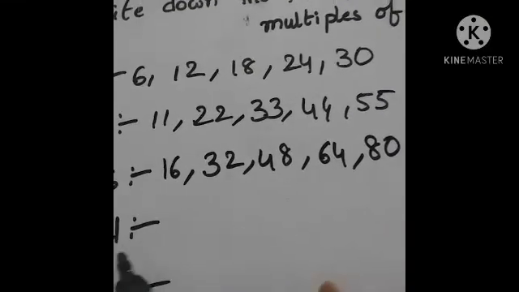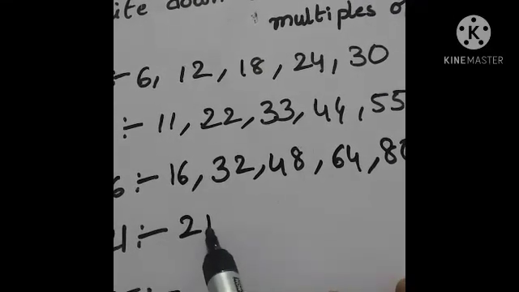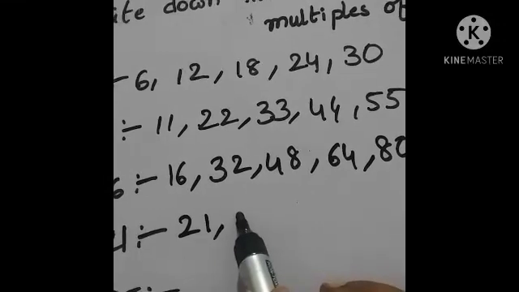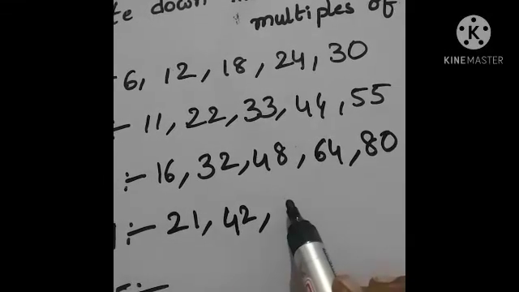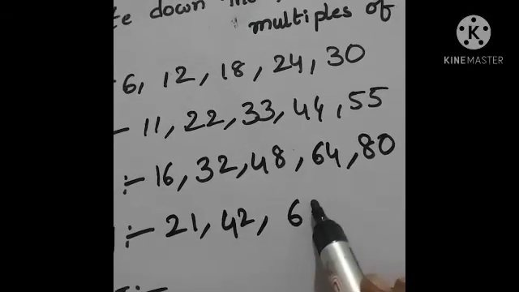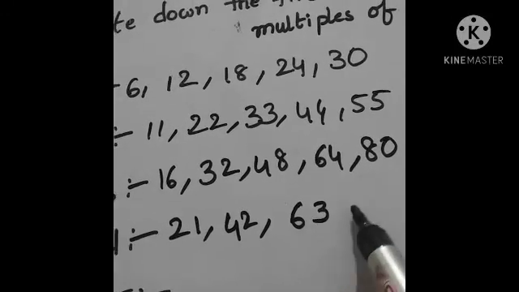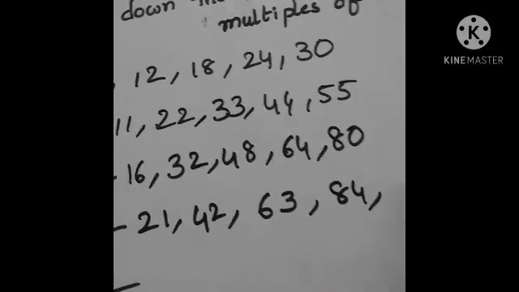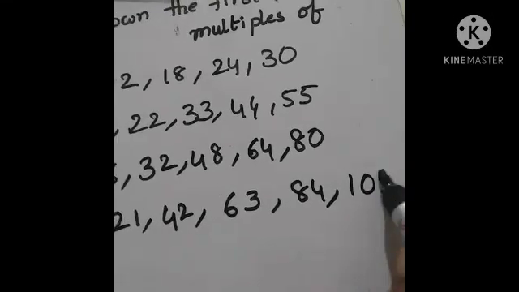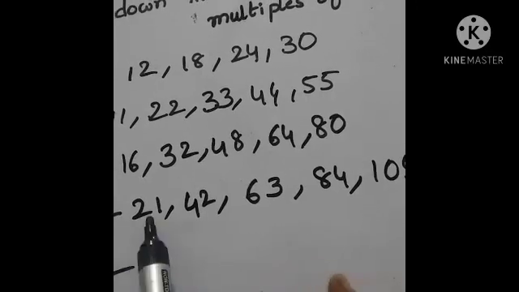Next, fourth one, 21. 21 1s are 21, 21 2s are 42, 21 3s are 63, 21 4s are 84, 21 5s are 105.